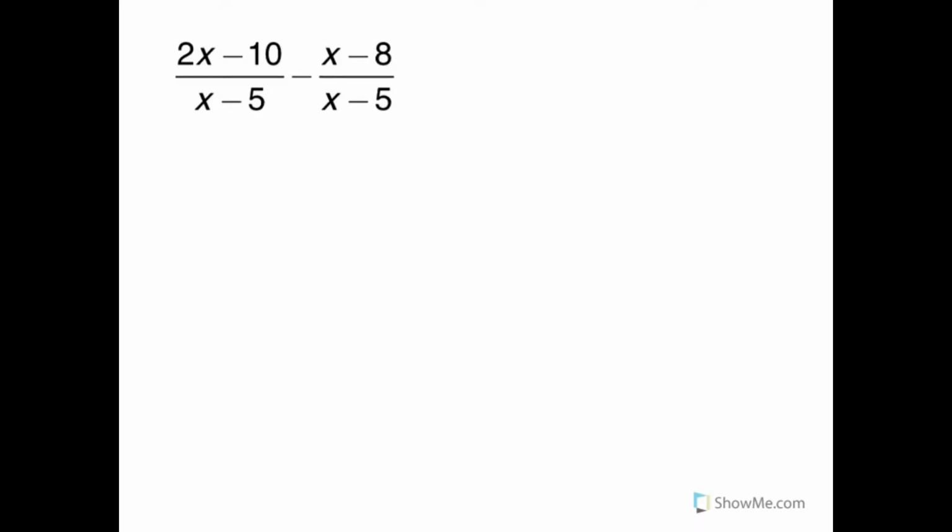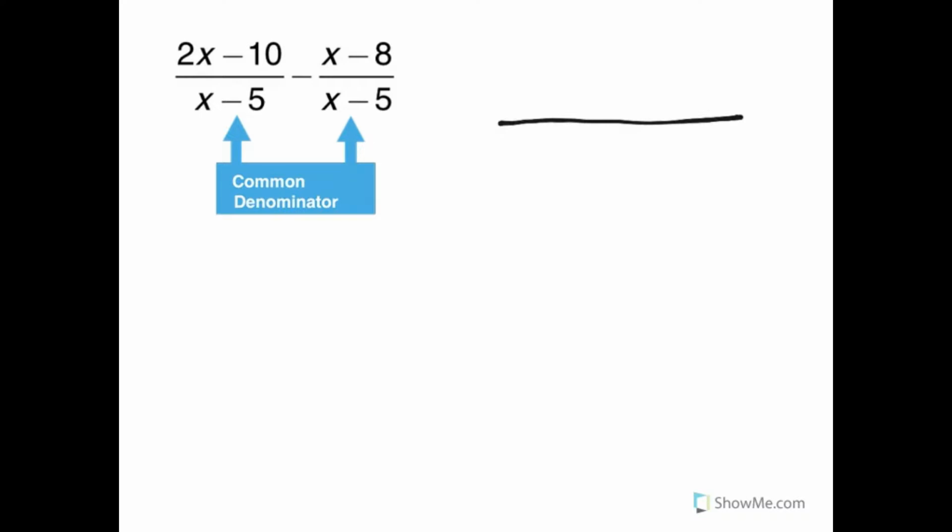In this example, we're subtracting rational expressions. We look at the denominators first and see that we already have a common denominator. So we're going to combine the numerators and put them over the denominator. Now when I subtract, this minus sign applies to everything in the second numerator.